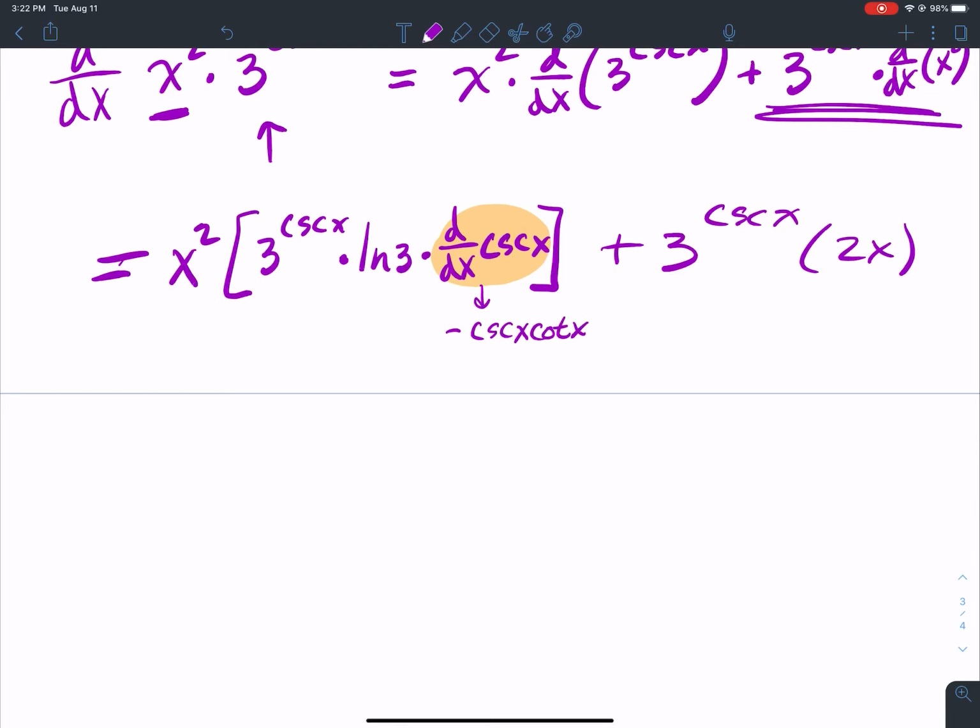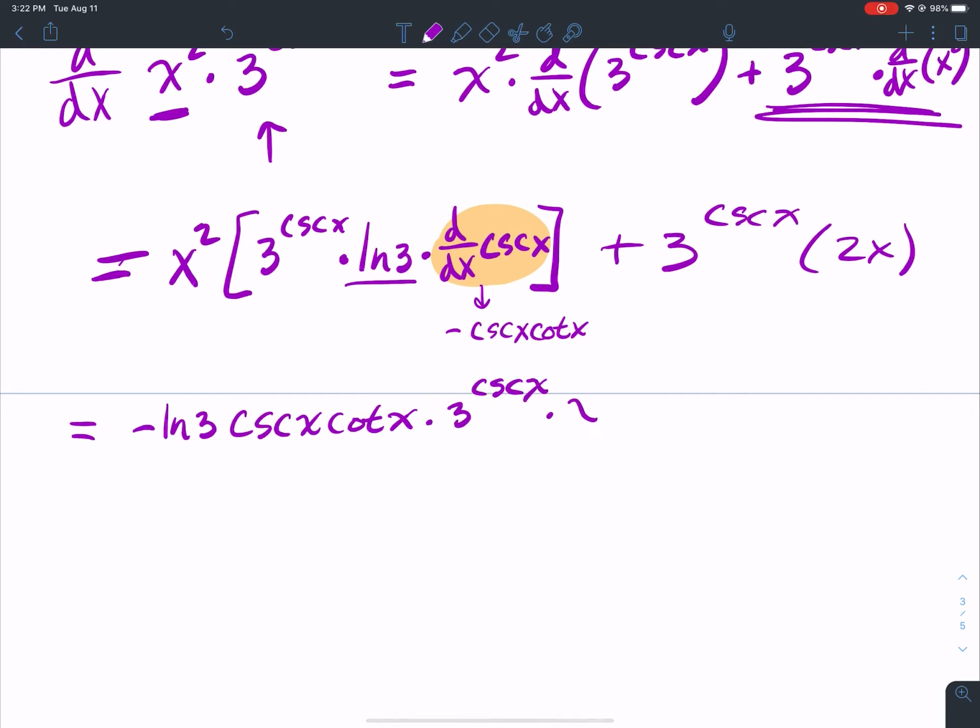Okay, so that negative is going to come out. I'm going to bring that negative out front. So I have a negative natural log of 3, I have cosecant x cotangent x. I also have a 3 to the cosecant x, and then I have an x squared.